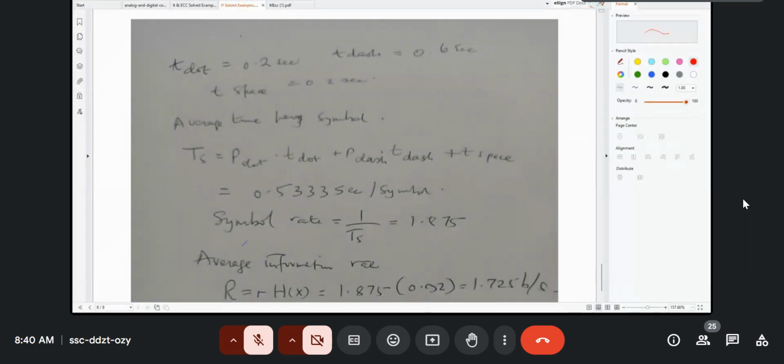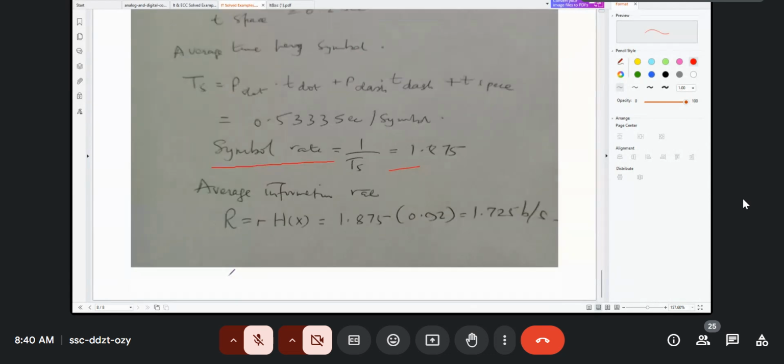So the average time for the symbol is this, and we get the symbol rate R. The average information rate is simply R times the entropy.